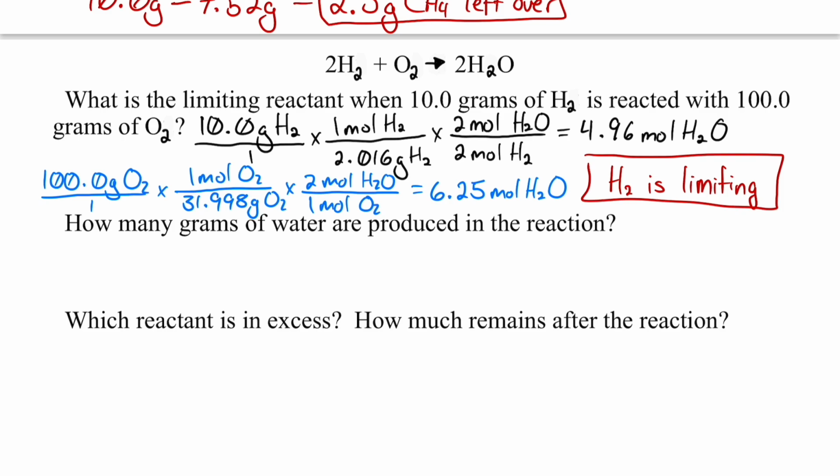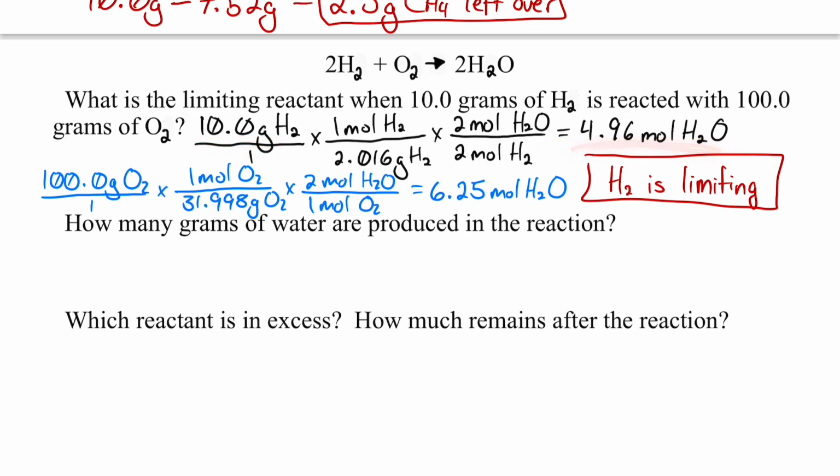So the next question is, how many grams of water are produced from this reaction? Well, in this case, we can make our work a little bit shorter, considering we know we need to start with our mass of hydrogen, and we already know how many moles of water are produced from 10 grams of hydrogen.